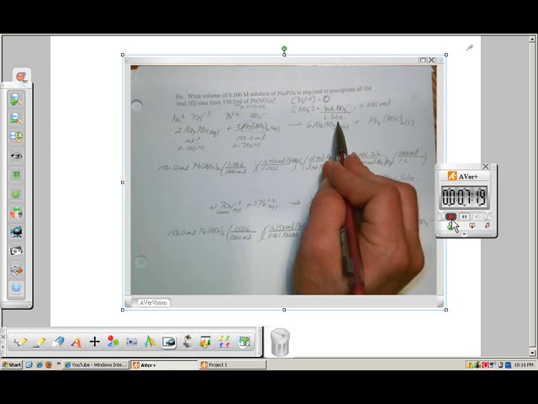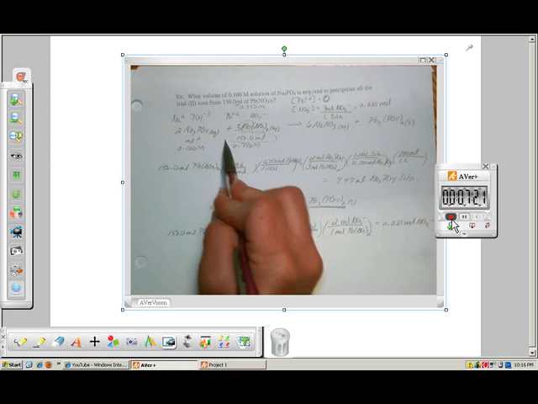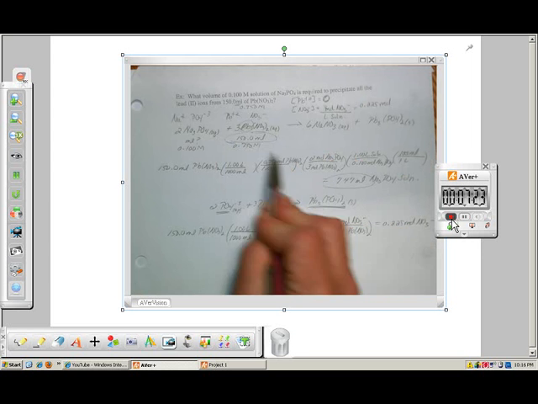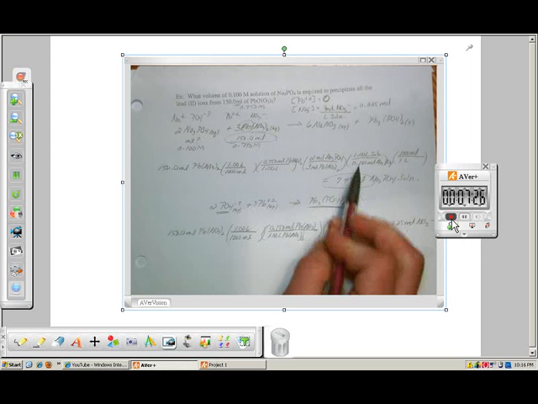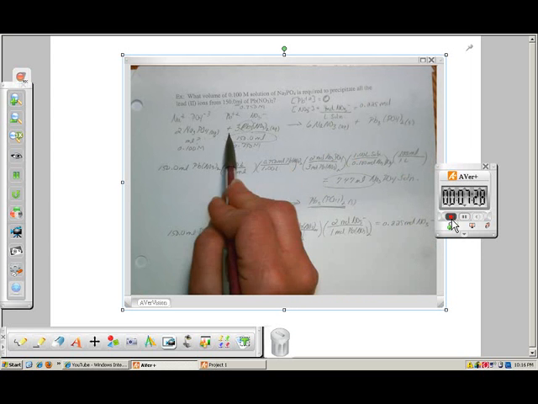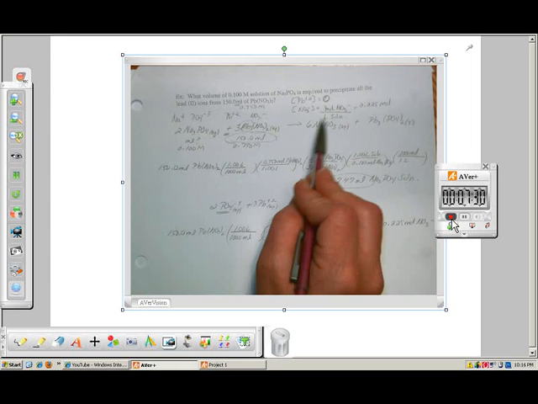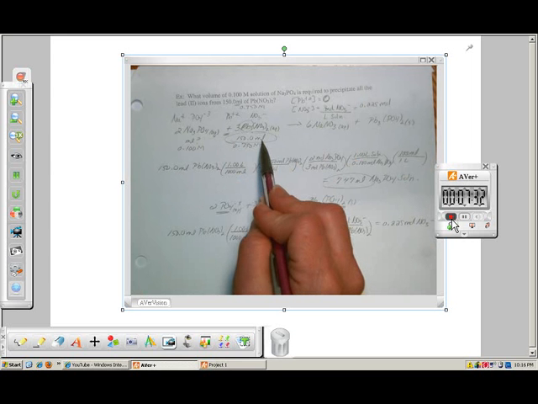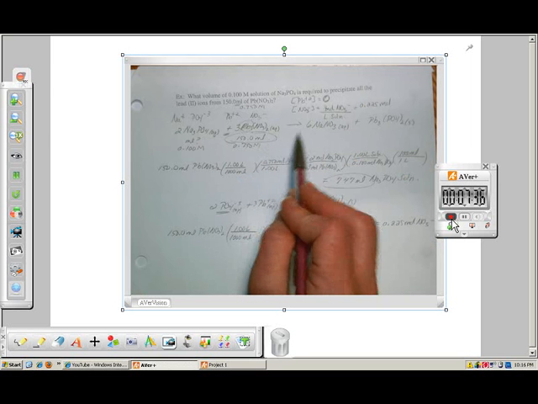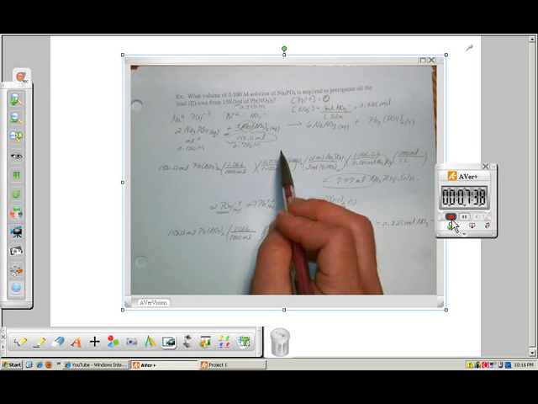However, to get concentration, I am adding volume. I want to know the concentration once these have been added together. So I assume that the total volume does not change tremendously because of the presence of the precipitate and so on.